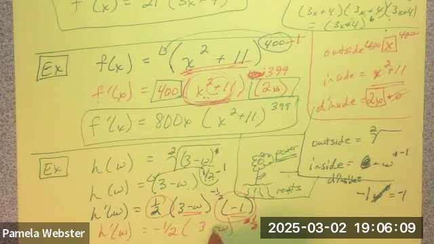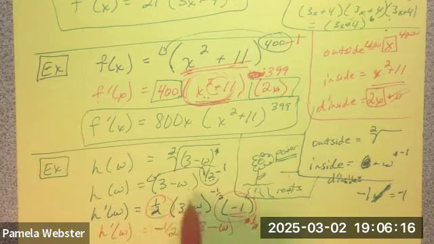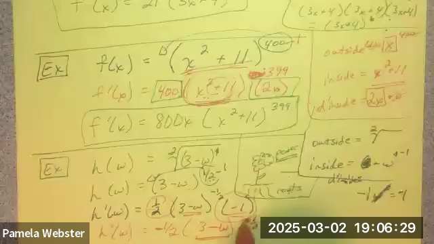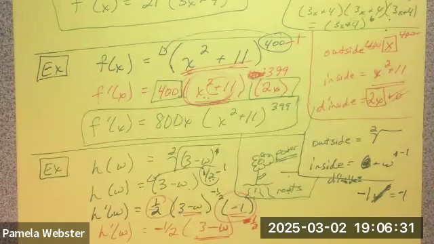I'm kind of out of space here. I'm sorry. So negative 1/2 out in front because I multiplied these two things together. 3 minus w, because that's all the stuff inside. I like to say stuff or thing. The inside guy, he's just coming along. Raised to the negative 1/2 power. All right.